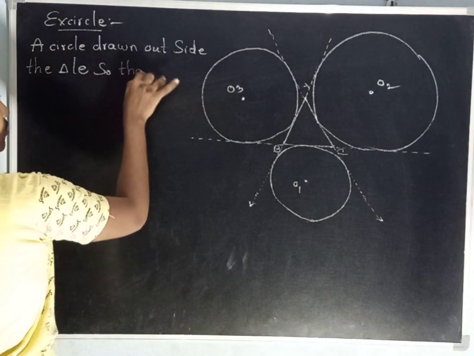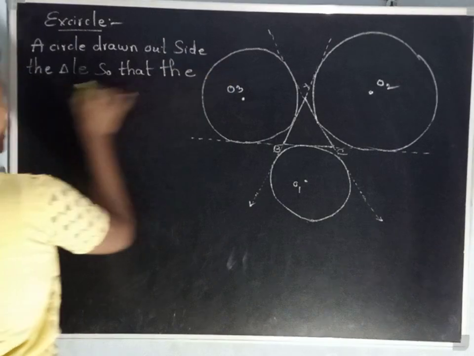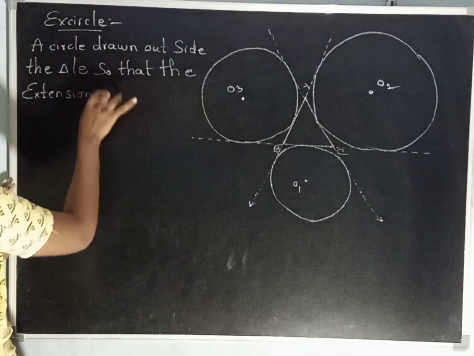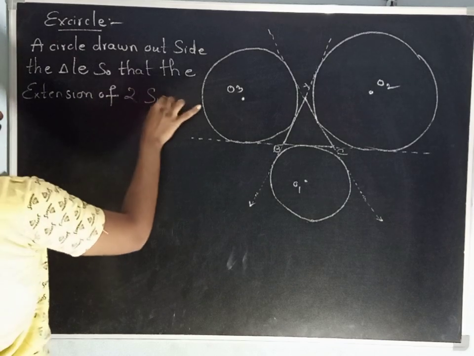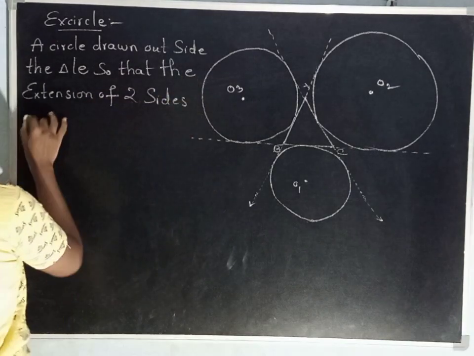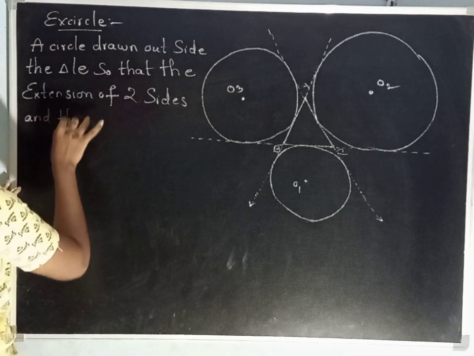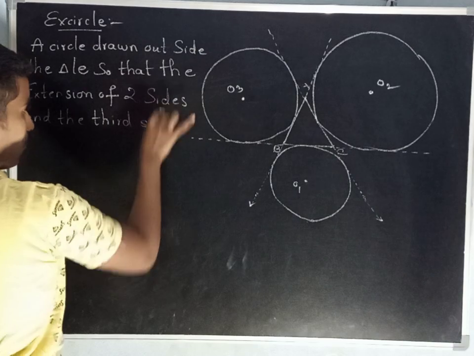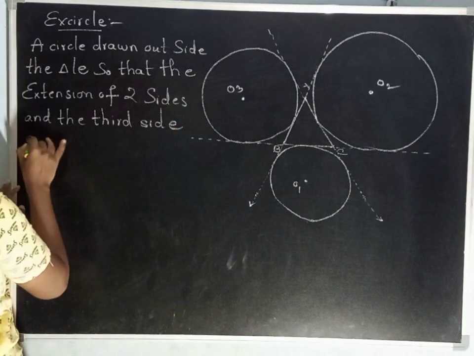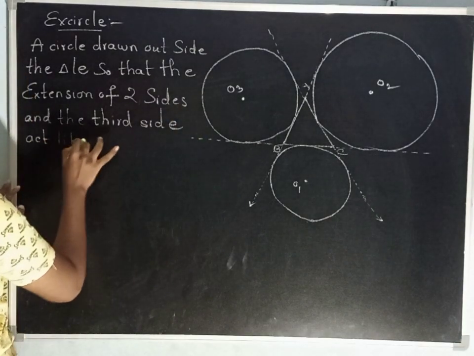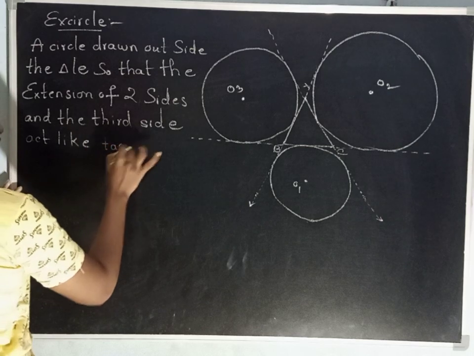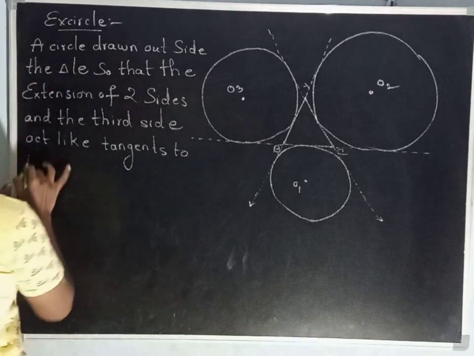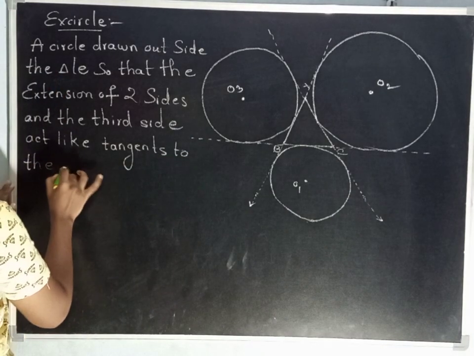so that the extension of two sides and the third side act like tangents to the drawn circle.